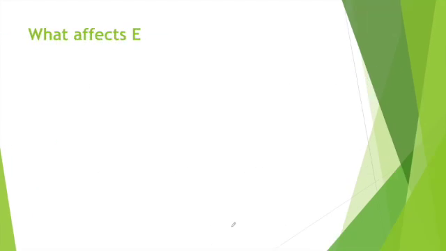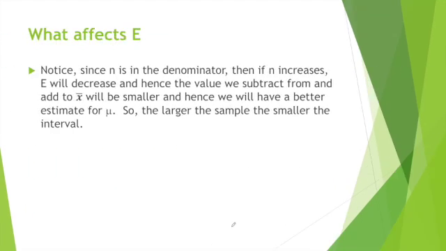Here are some things that affect our error bound, okay? Since n is in the denominator of how we calculate our error bound, my error bound is going to decrease if n increases.